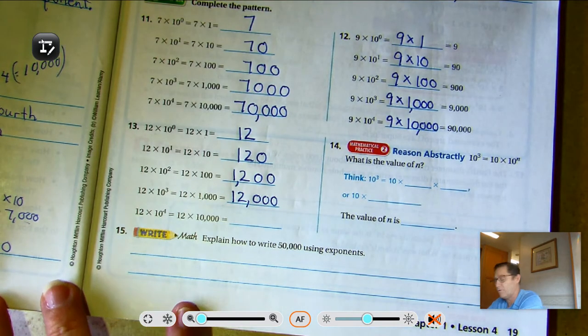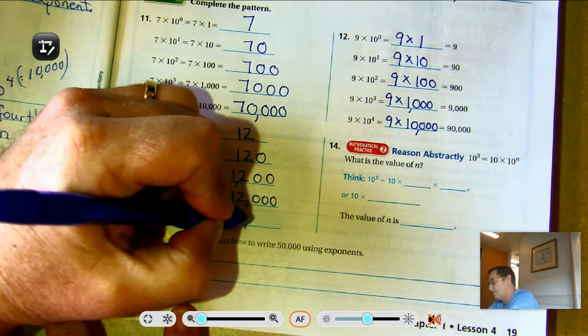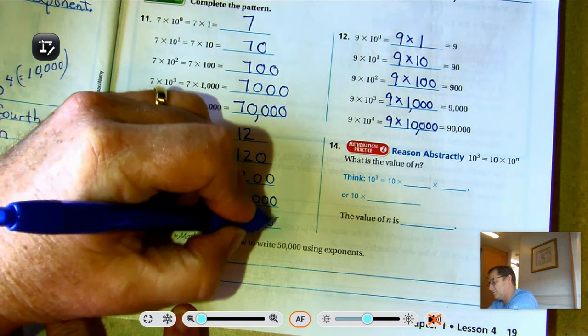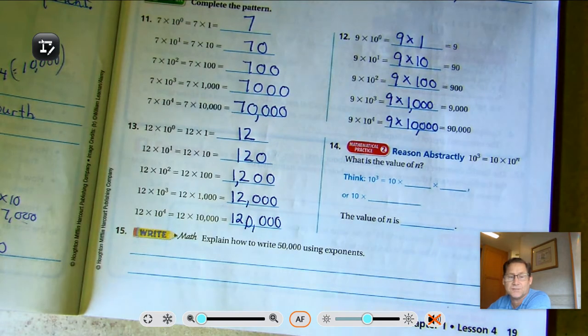And 12 times the fourth power of 10 will be 12 followed by 4 zeros, or 120,000.